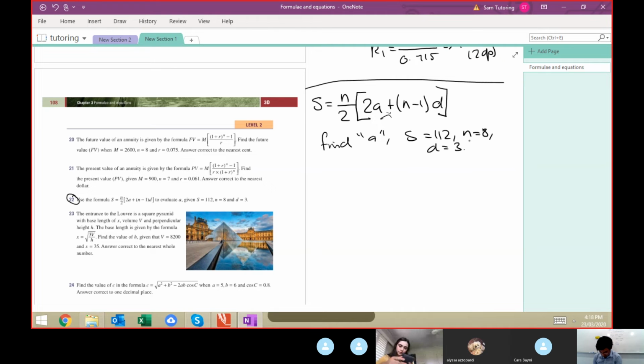Has anyone solved it yet? No. Okay. If you need help, let me know, because it might be a little bit difficult to actually see where everyone is at. So if you're really struggling, please let me know.